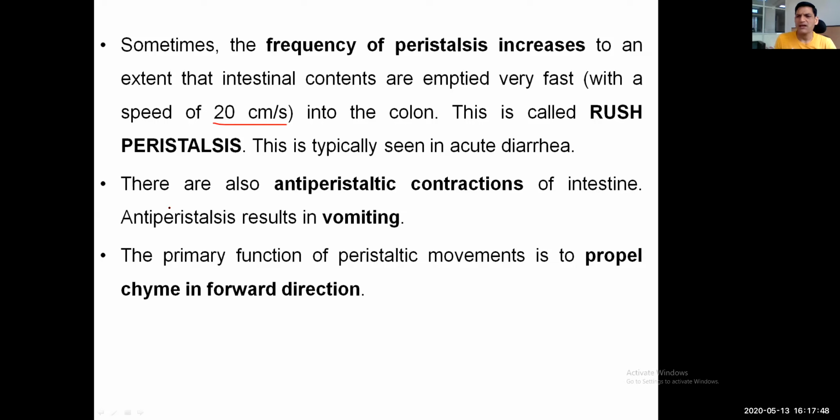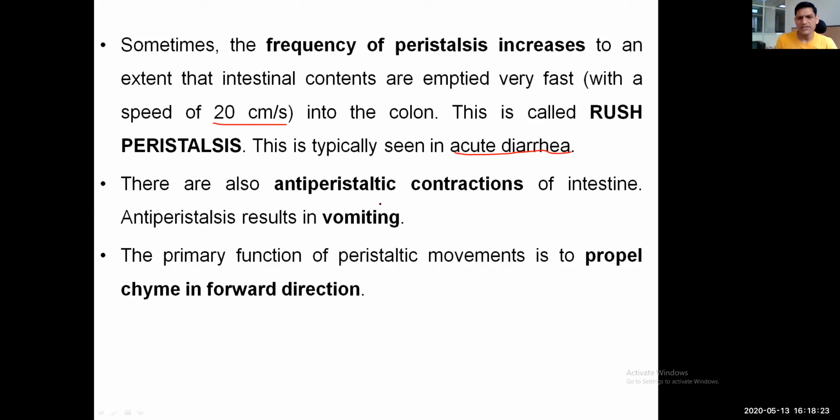Thrust peristalsis is due to some irritation to the GIT, for example a bacterial infection in the GIT, when there is an upset stomach. At that particular time there is an increase in the peristaltic waves to 20 per second, which decreases the transit time of the small intestine, decreases the water absorption and produces diarrhea. So that condition we call thrust peristalsis.